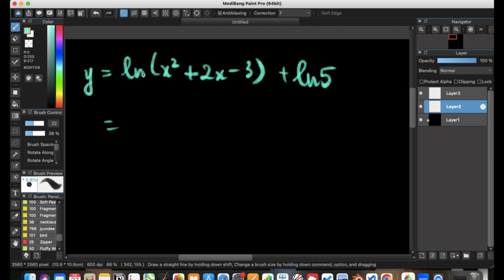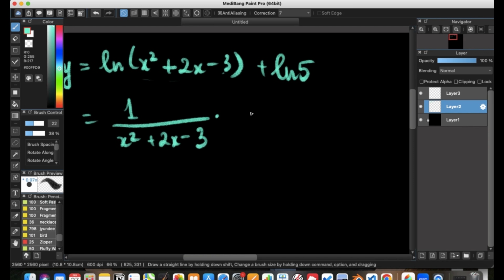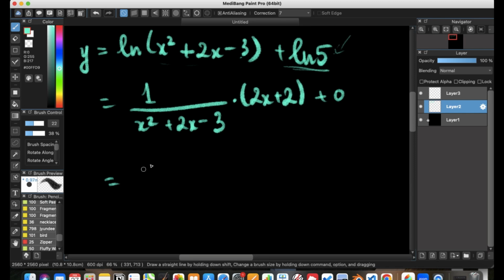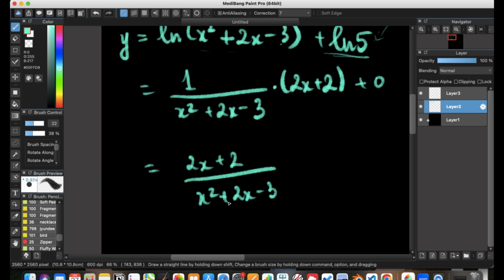Okay, here it's going to be really easy. First, we're going to let this be u, right? So we're going to write a fraction, and now we're going to multiply with the derivative of this polynomial expression. That would be 2x plus 2, right? And because this is actually a constant, we don't need to add anything. So that will leave us with this expression. And this is what we need to find.